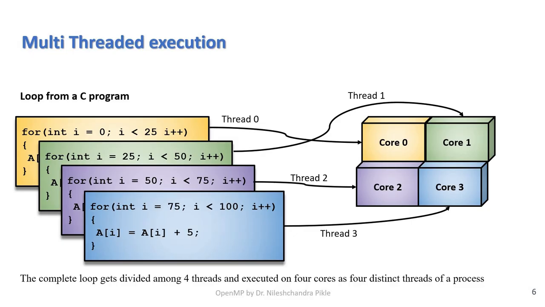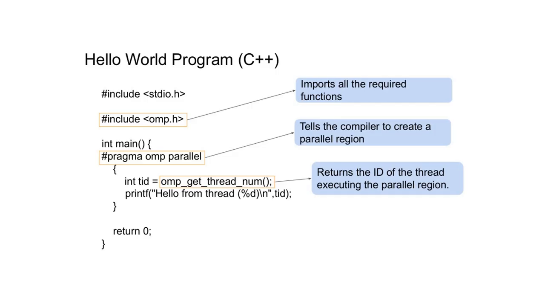The complete loop gets divided among 4 threads and executed on 4 cores as 4 distinct threads of a process. In threaded programming, multiple threads are there, and they are nothing but sub processes, and you can divide like this.